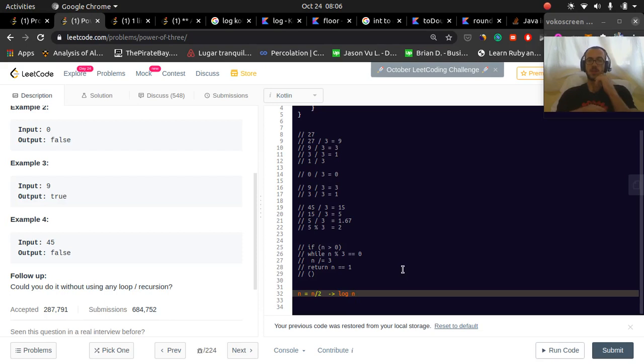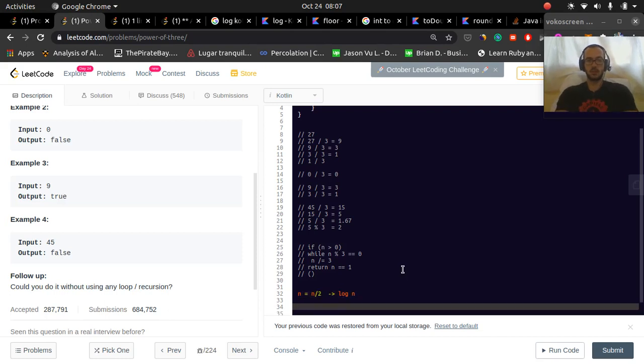And why is that? So log n is 2 to the x equals n.